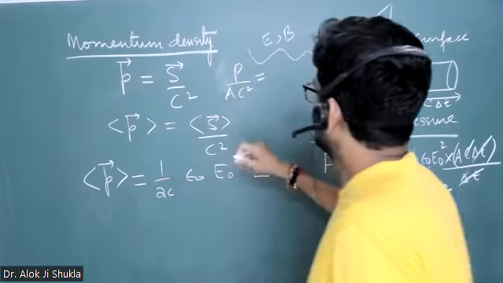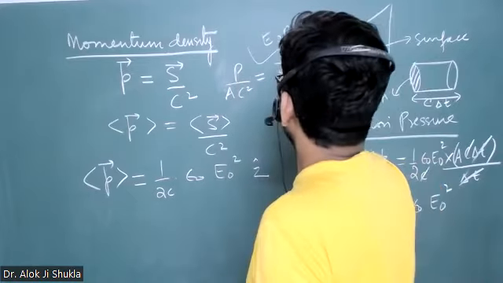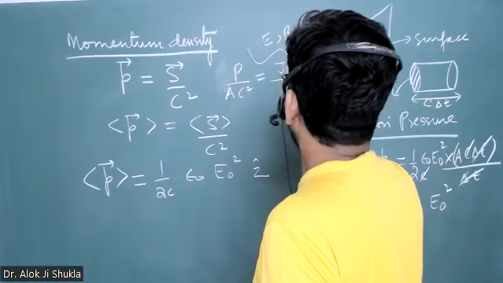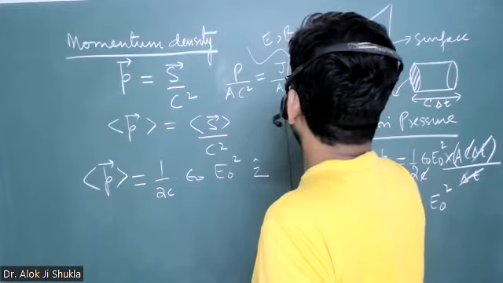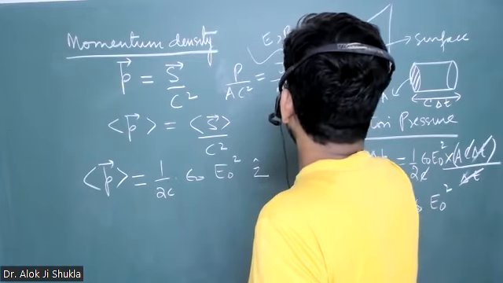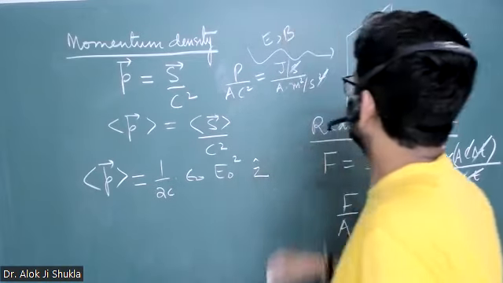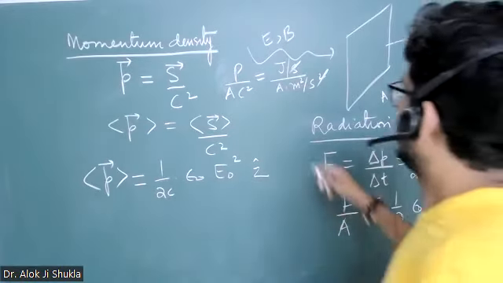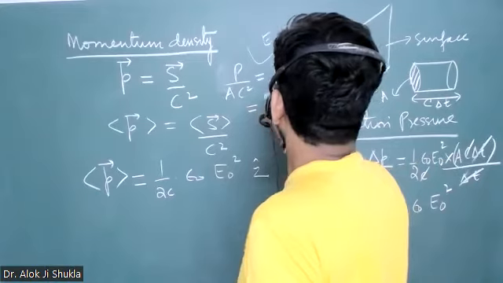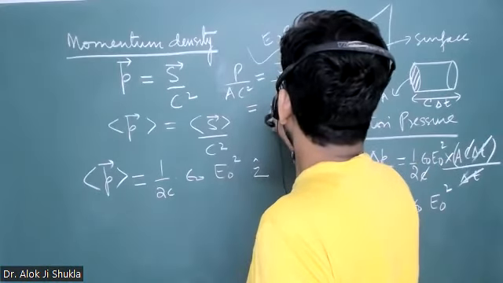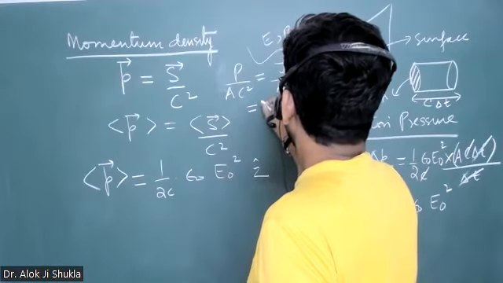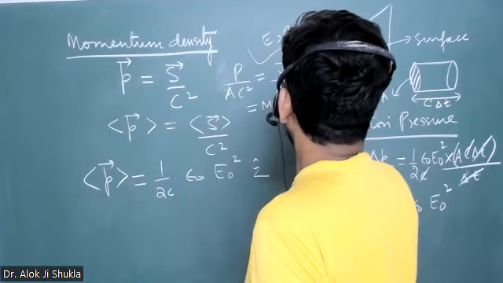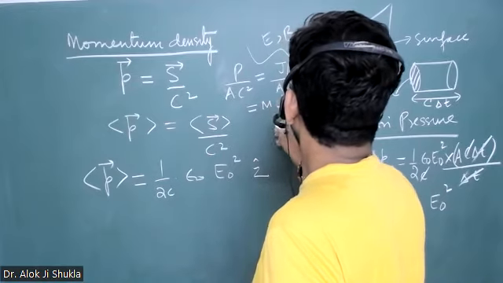Okay, what is power? Joule per second upon area into what is this? Meter square per second square. Second and second cancels. Okay, now what is this joule? Joule is m L square T to the power minus 2.